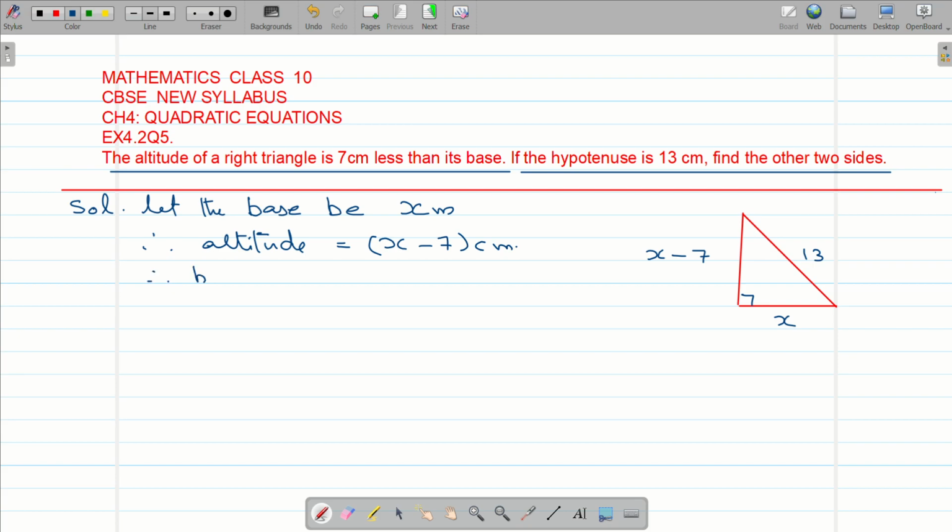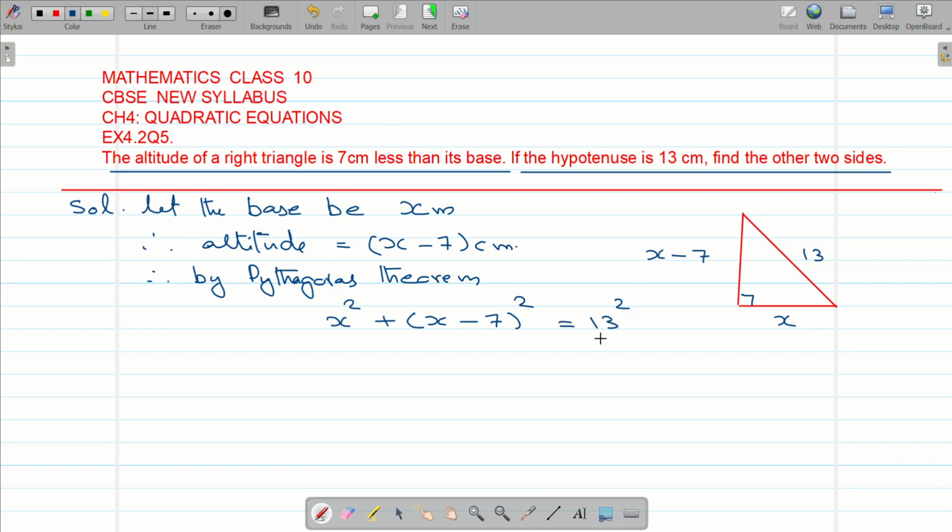Therefore, by Pythagoras theorem, x squared plus (x minus 7) the whole squared is equal to 13 squared.